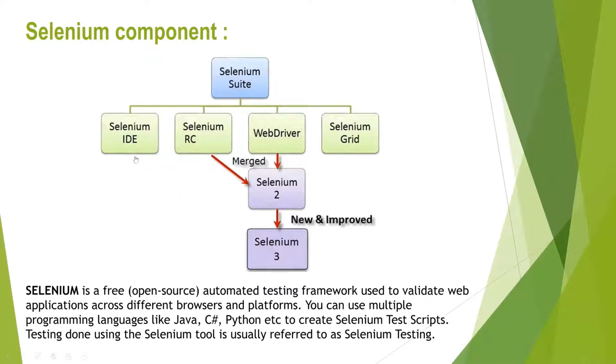When coming to Selenium RC and Selenium WebDriver, both have merged and become a single framework like Selenium 2 and Selenium 3, and now we are using Selenium 4. In Selenium RC there is no direct interaction with the browser. There will be some Selenium RC servers which interact with the browser and the automation test script.